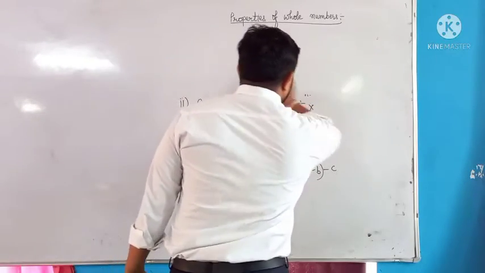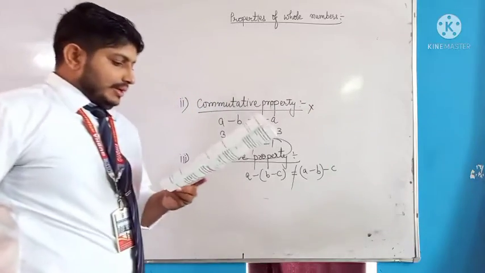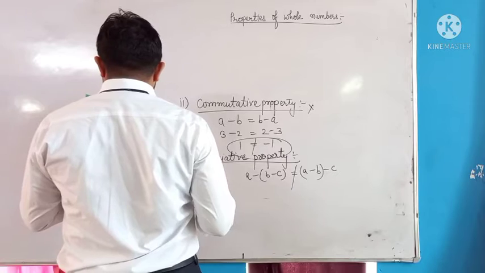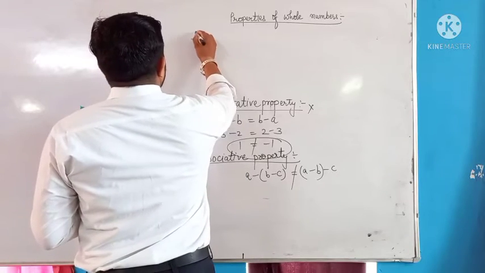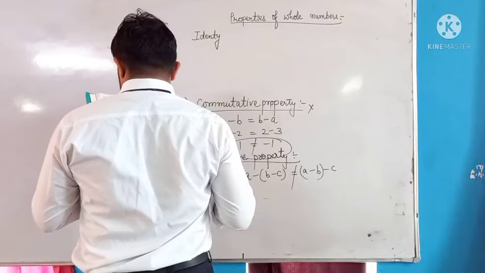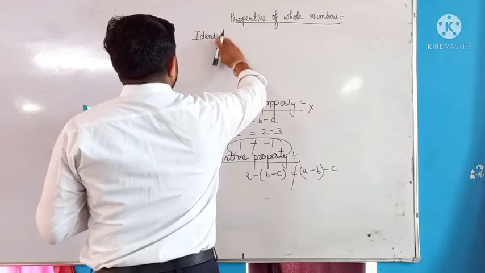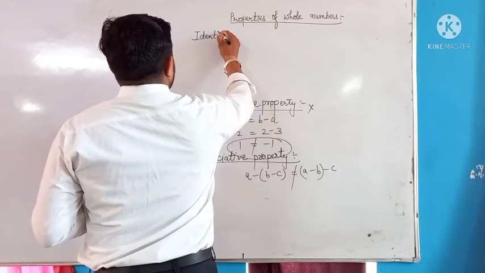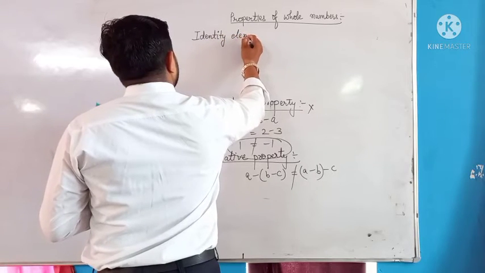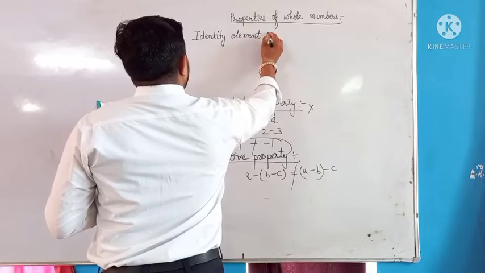Next, the fourth property, that is the identity element, beta. Identity element.